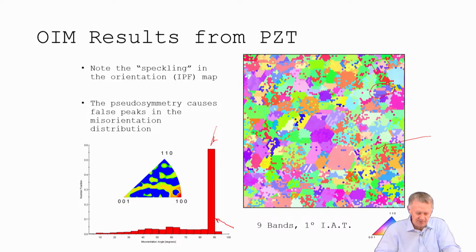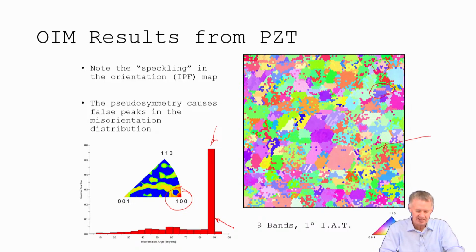If we calculate the misorientation distribution for that 90 degrees, they're all oriented about 100, right? So we're getting a 100 rotation, and that just transforms A into C, right? 90 degrees about a 100 axis is just transforming A axis into C axis, C into A axis.